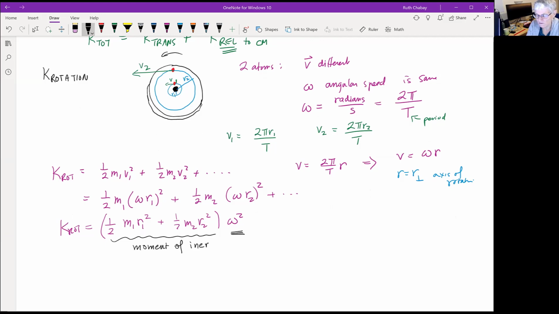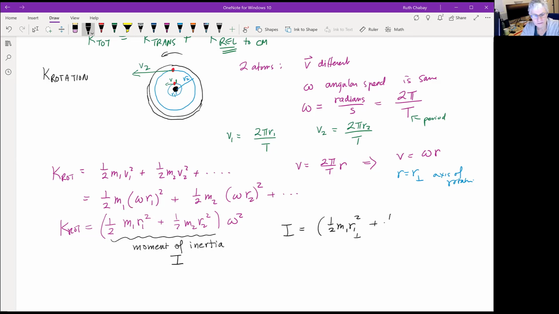This is a very old-fashioned name, and it has a symbol I. So I is defined as m1 r1 squared plus m2 r2 squared and so on, where r is again the perpendicular distance.